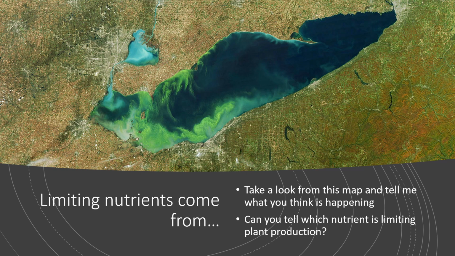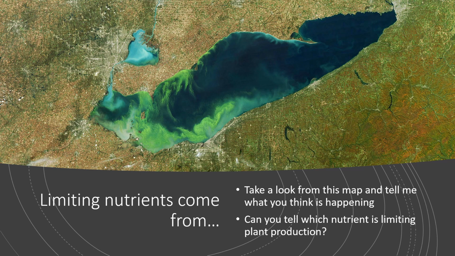Certainly, material that is limiting their production must be coming from the land, because look at how those plumes are tightly coupled with near shoreline effects. We don't see them out in the big central basin areas, but in and around the shorelines where those nutrients are being dumped, you get huge blooms of algae. If you know anything about that region, you may be able to guess at what's actually going on upstream, but you yourself cannot know just by looking at the image what the limiting nutrient within it is.